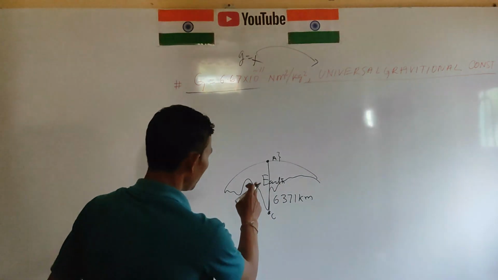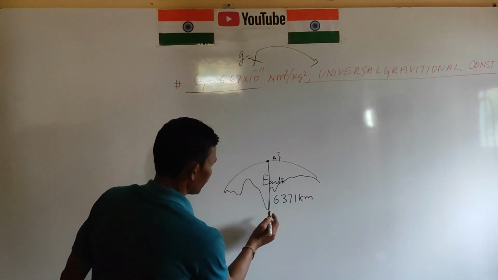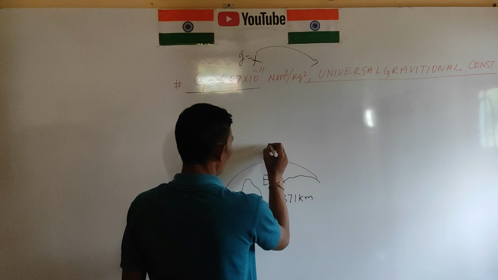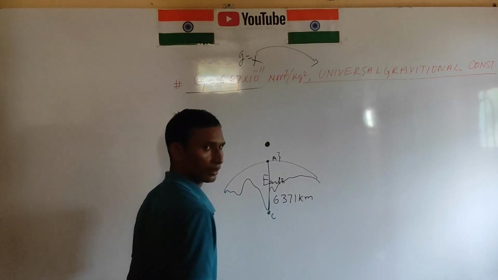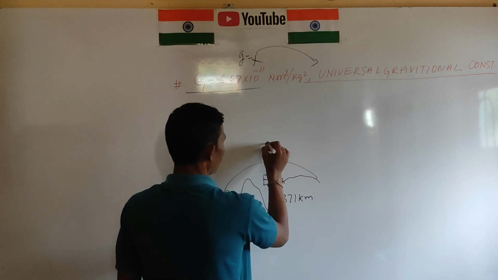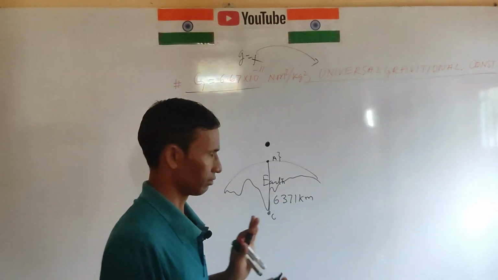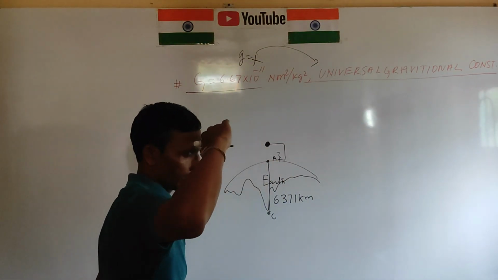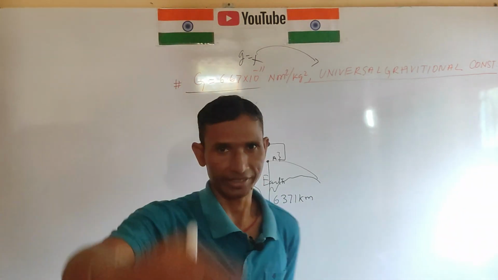Okay. So here the universal gravitational constant is acting like this. So we know that suppose the body is here, and the other body is here. Suppose any distance like 2 meter, 1 meter, any meter. Suppose it is at my height, that is approximately equal to 2 meter.